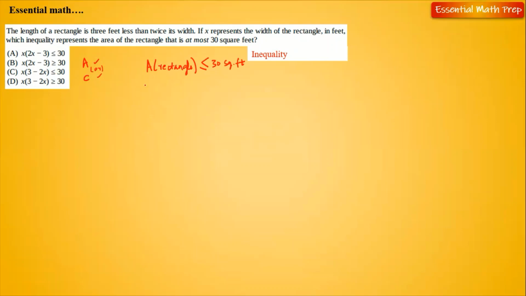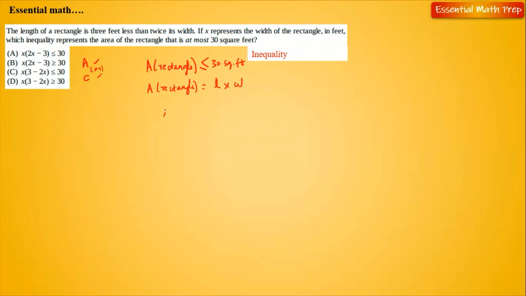So what is the area of a rectangle? Area of a rectangle is length times width, right? We know our width is represented by X, and length is 3 feet less than twice its width.